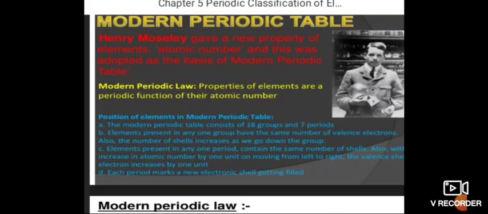According to the number of shells, the period can be predicted. If it has one shell, it is in the first period. If it has two shells, K and L, it is in the second period. If it has three shells, K, L, M, it is in the third period.